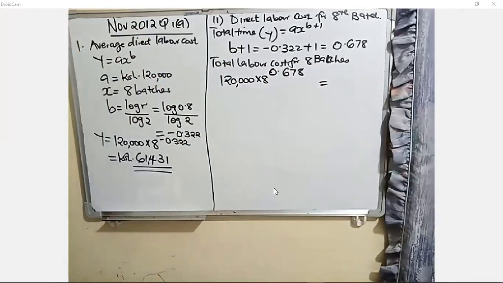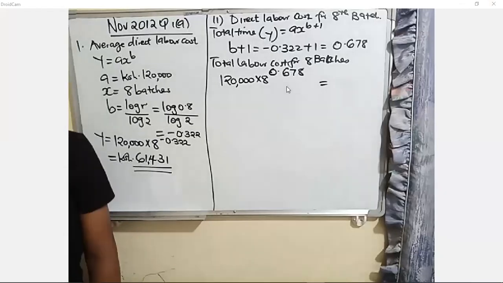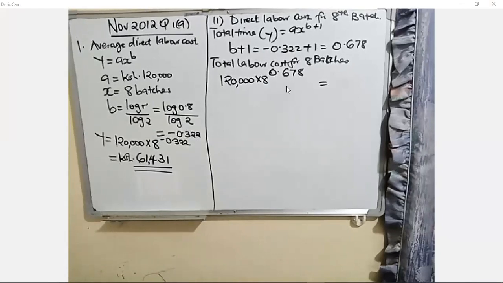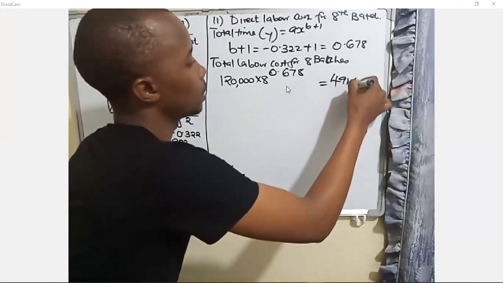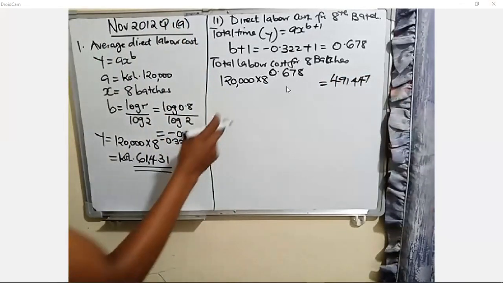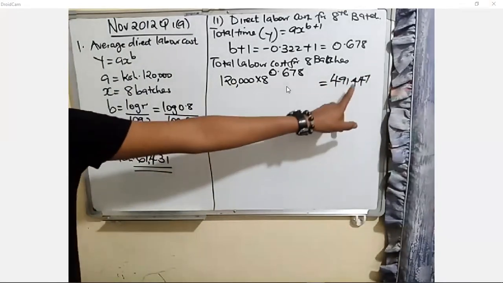Jill, give me the answer. 491,447. Right? Then remember we require the 8th batch. You have taken 8 and you got 491,447.